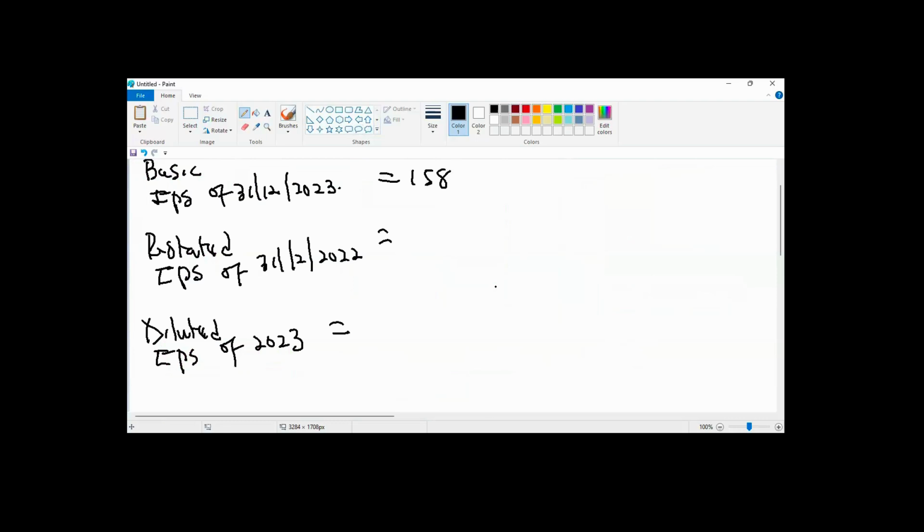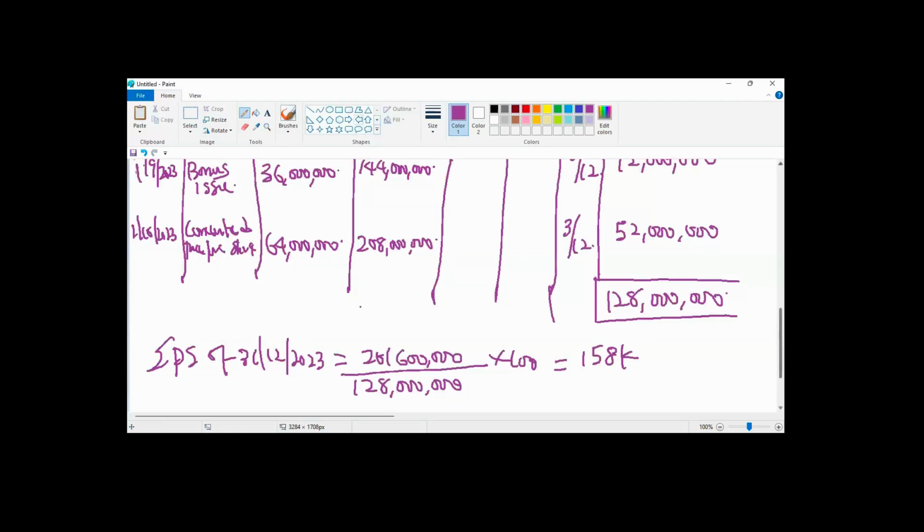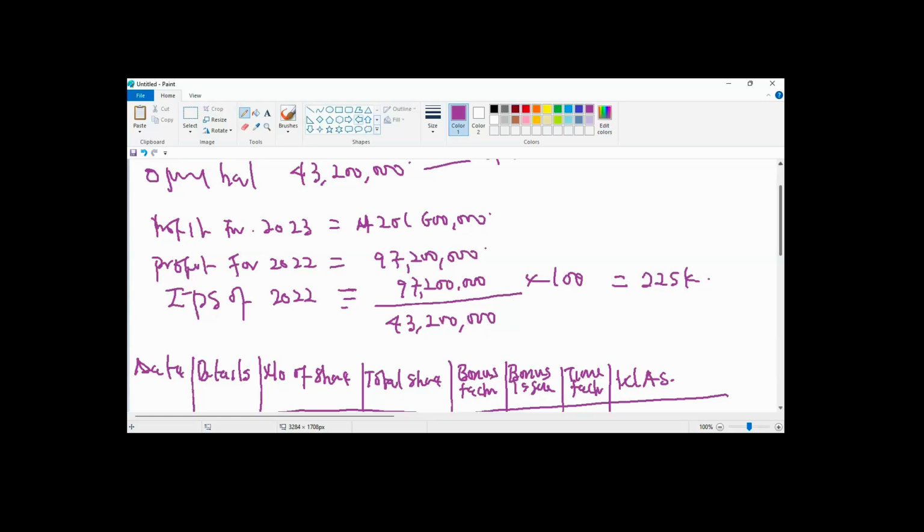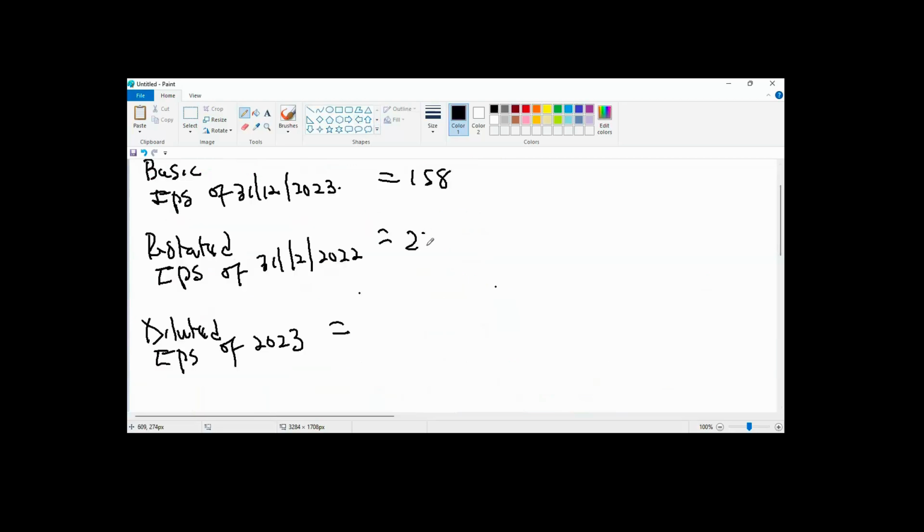We have done the earnings per share of 2022. 225 kobo, so 225 kobo times 18/20 times 3/4. This is it.